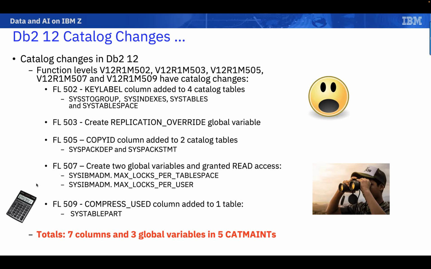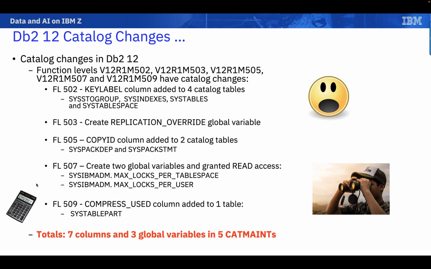No worries. So, okay, so I said that there's 5 cat mains in the development stream, the continuous delivery stream in version 12. And this is what the changes are. And this is why I say fear not cat main. In the 502 cat main, we add the key label column to 4 existing catalog tables.